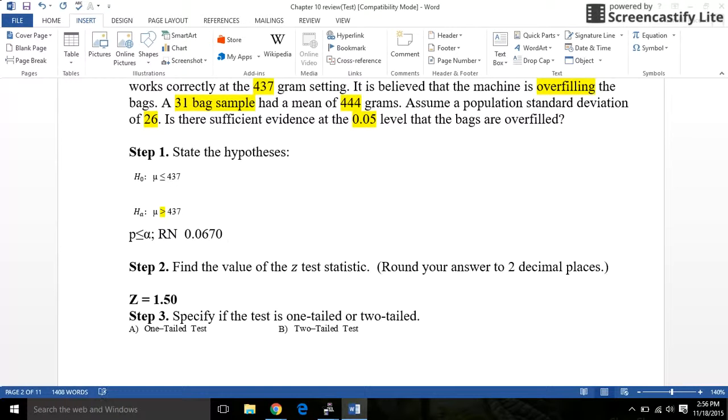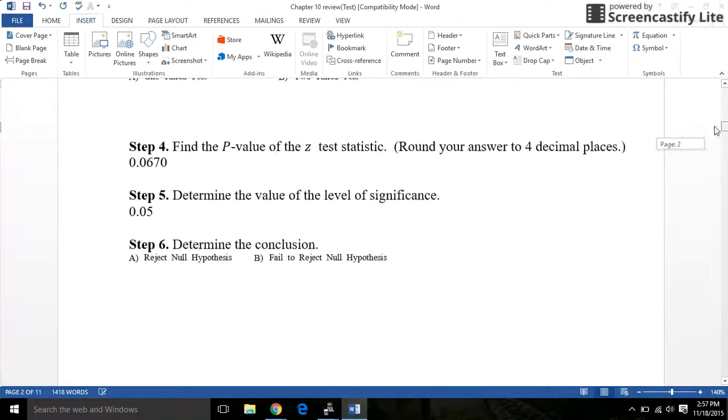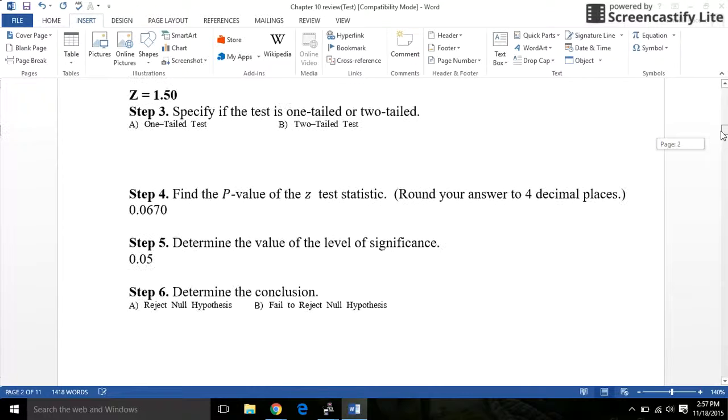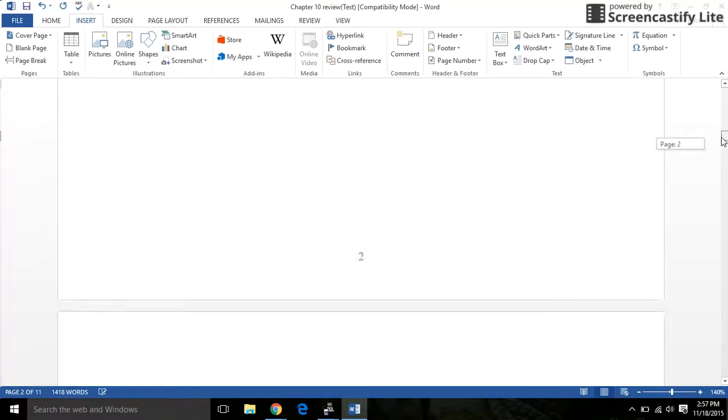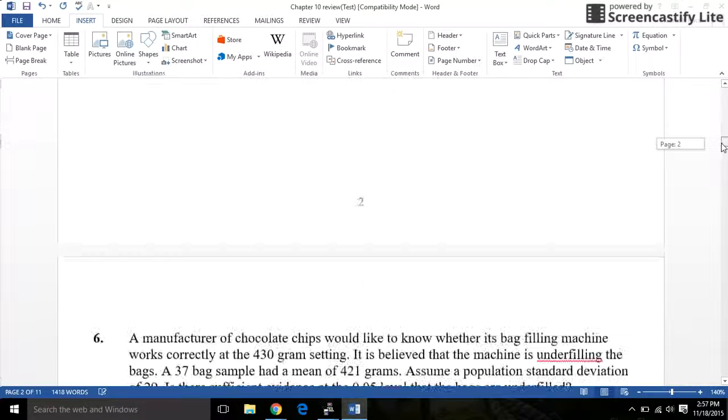Is that less than or equal to 0.05? No, it is not, because the p-value is greater than the level of significance. So I fail to reject the null. That's what it's asking for in this step right here, I fail to reject the null. That's all you got to do.